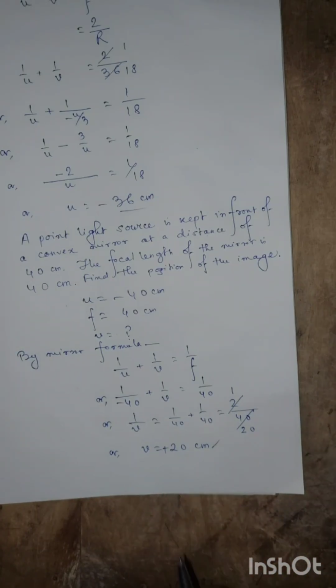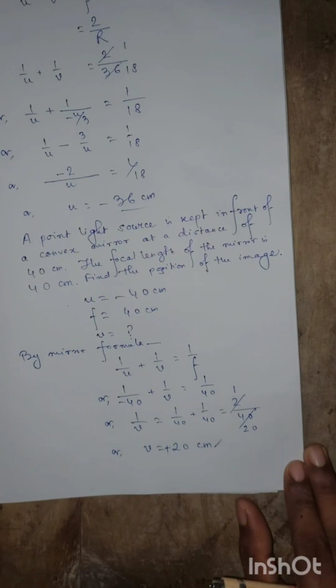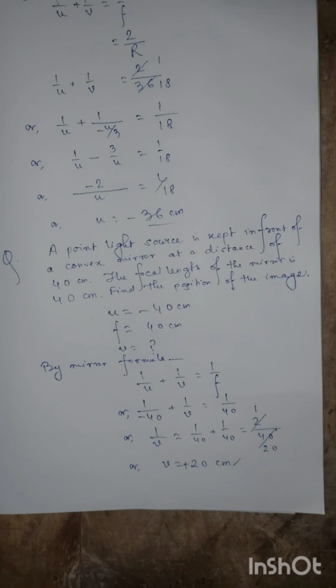That means the image formed is behind the mirror and the image distance is 20 centimeter. So this is our answer. I hope you have understood the solution. Now friends, let us proceed to the next question.